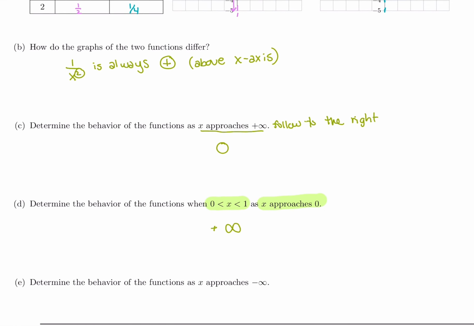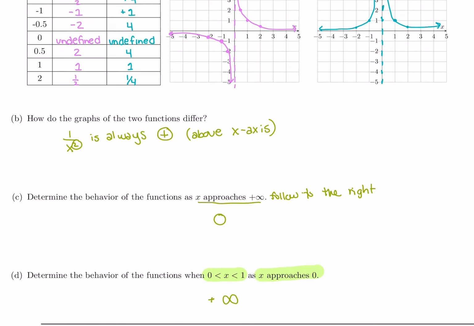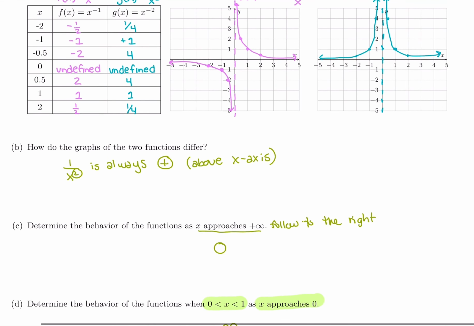We'll just do one more. What happens if you approach the x value negative infinity? So we're going to follow the graph out to the left and say what's happening with that y value. So going back up to those graphs, we're going to follow them far out to the left because that's where x goes to negative infinity. And following each graph to the left, as I go out to the left with this one, it looks like I'm stopping at the y value 0. And same thing with this one.